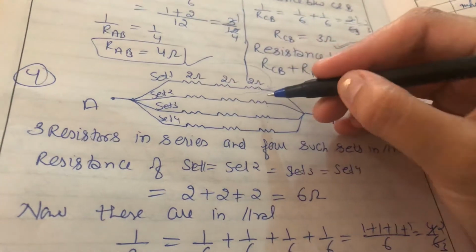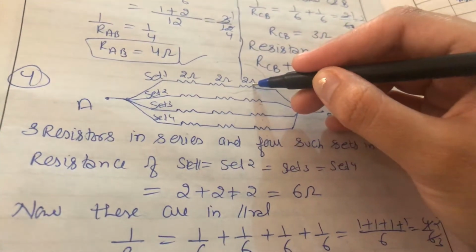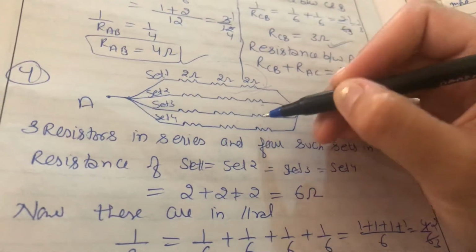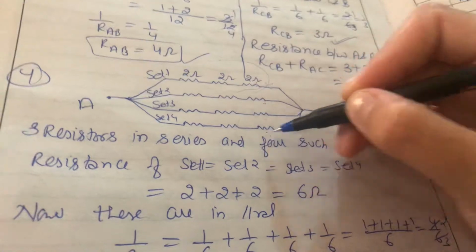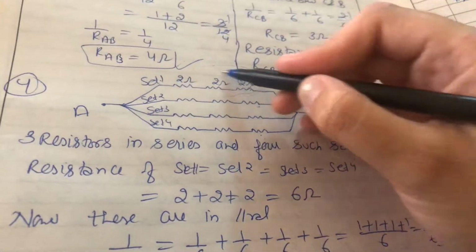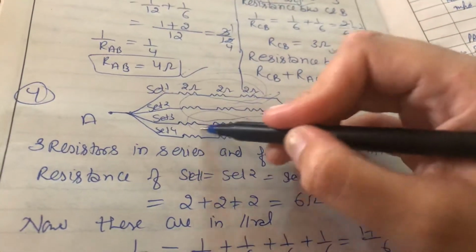Okay. So each resistor has resistance 2 ohm. So the total resistance of each set will be the same, that is 2 plus 2 plus 2, that is 6 ohm. 6 ohm resistance here, 6 ohm resistance here, 6 ohm here and 6 ohm here.